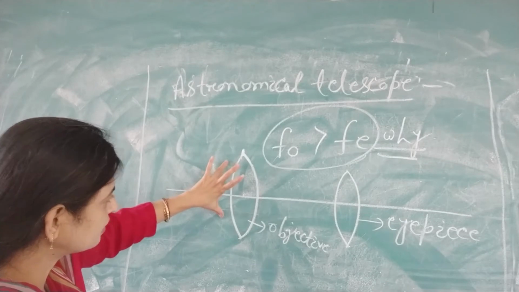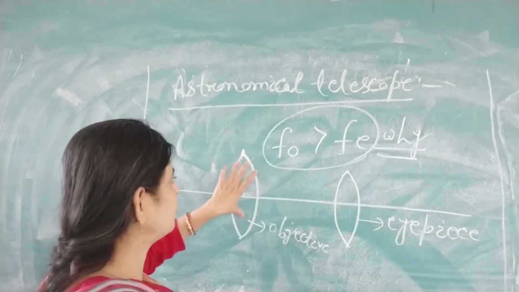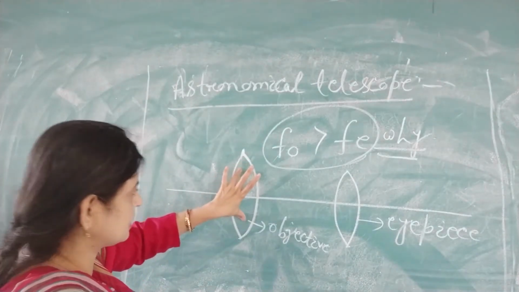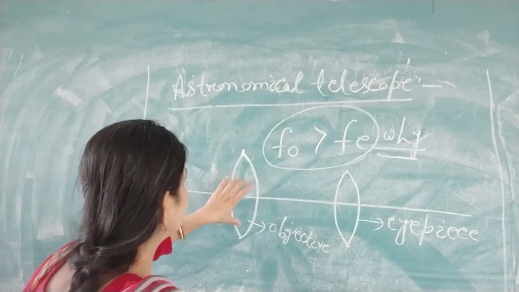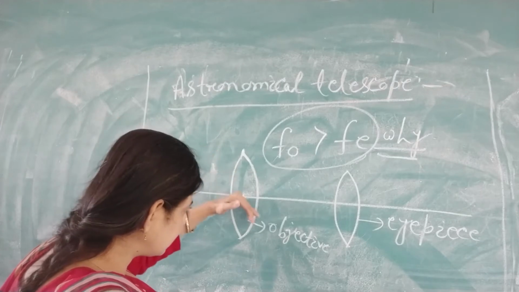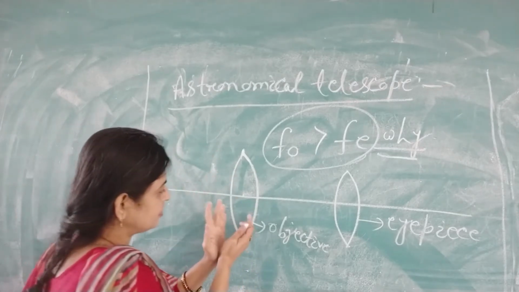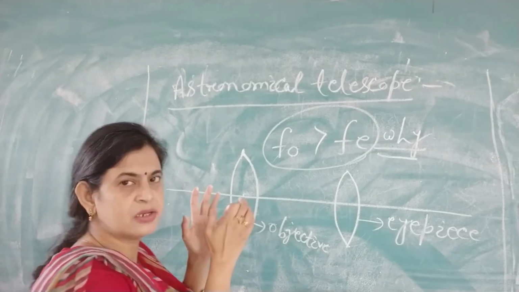If the aperture, meaning the diameter of the objective lens, is greater, then it will gather all the incident rays. That means the capacity of the objective lens will be more.